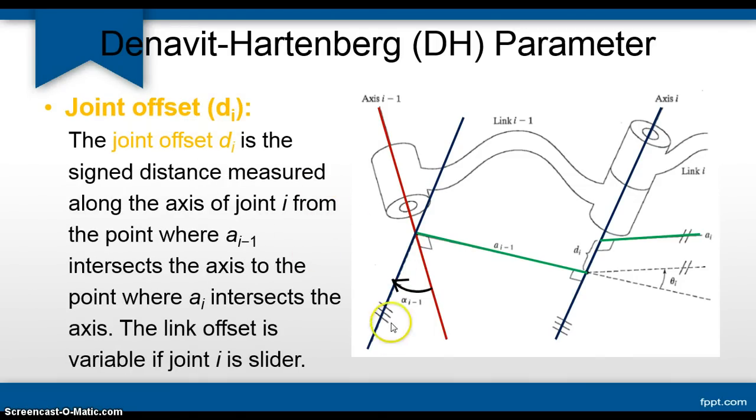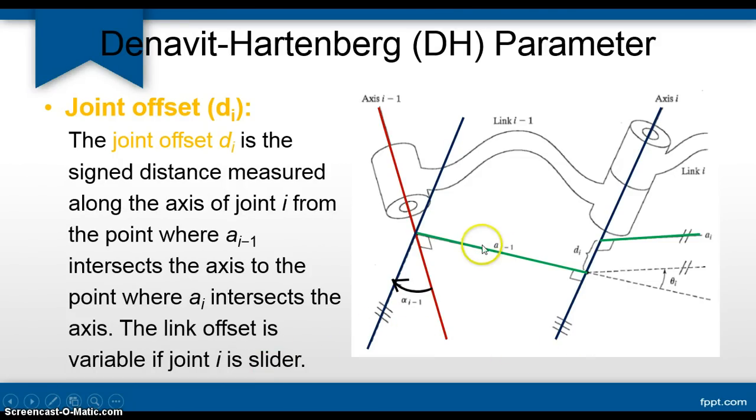Next parameter is joint offset. Joint offset, which we symbolize as d i, is the signed distance measured along the axis of joint i, from the point where a i minus 1 intersects the axis to the point where a i intersects the axis. This offset for the link is variable if the joint is of sliding type, or what we call a slider.